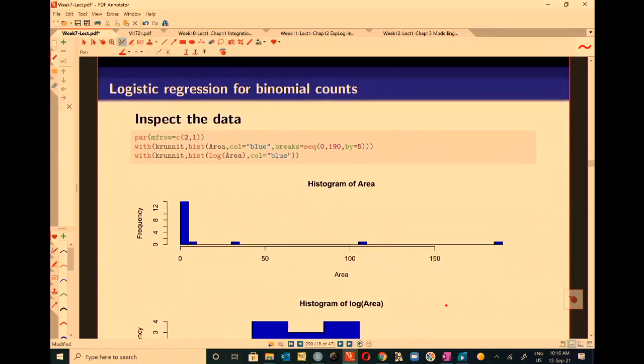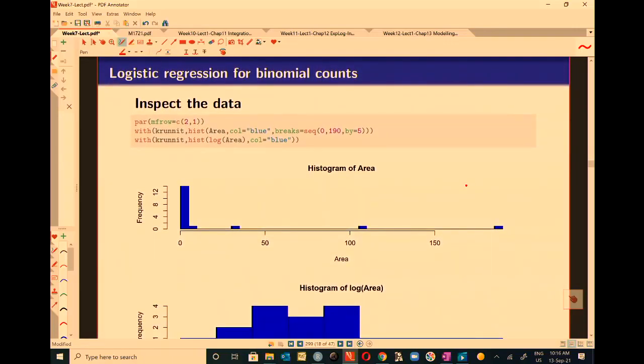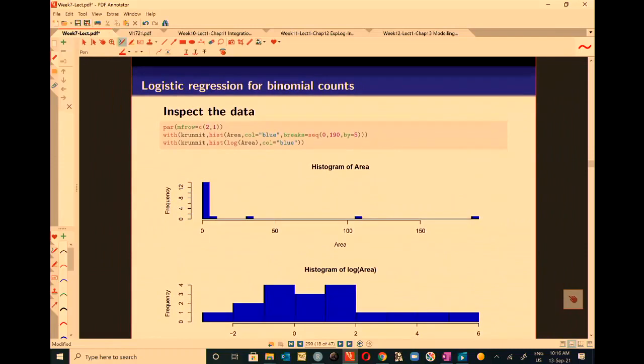A histogram or a bar plot shows you a bit more of what's going on here. The first plot here is the histogram of the area of the islands, and you can see there are lots of islands with small areas and some large ones. I think I said earlier, if I didn't, this is a good point to say: when you have data that looks like this and is very skewed to the right, with a very, very long tail, then something like logging the data pulls the tail in.